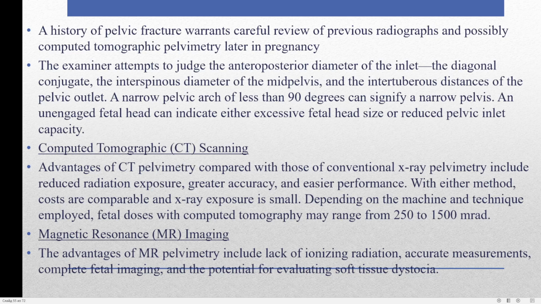A narrow pelvic arch of less than 90 degrees can signify a narrow pelvis. An undengaged fetal head can indicate either excessive fetal head size or reduced pelvic inlet capacity. CT scanning: of course, we can use it, but I repeat again, it is better to do it before pregnancy.